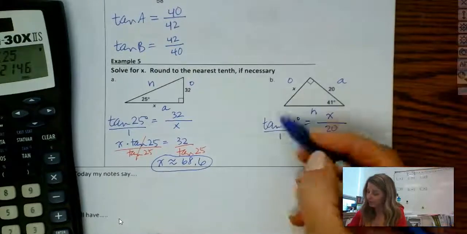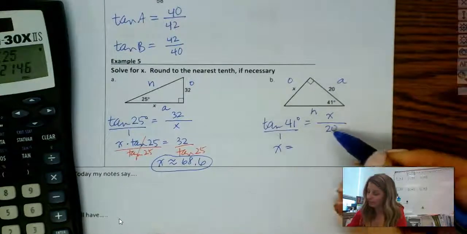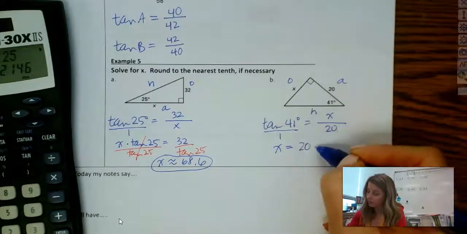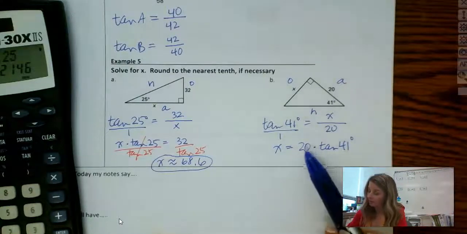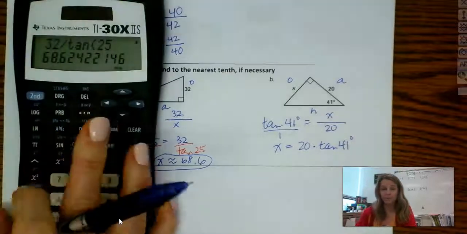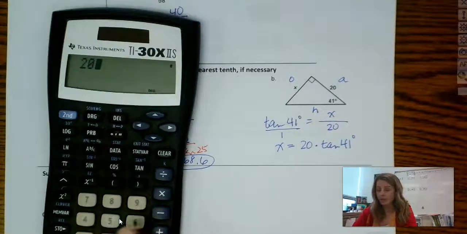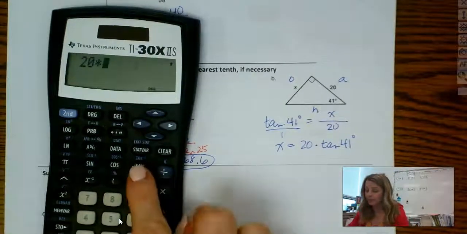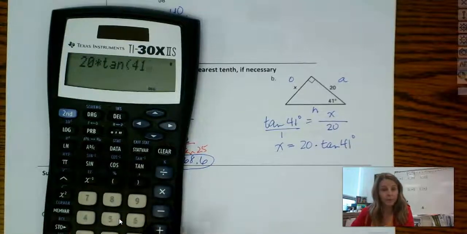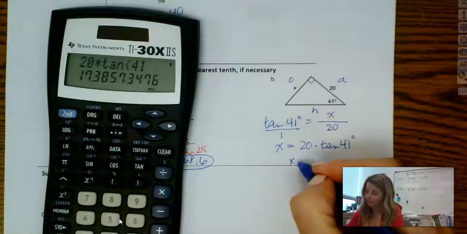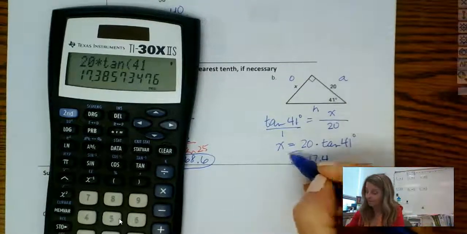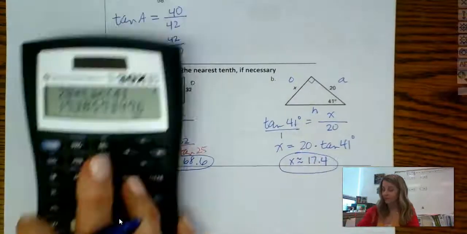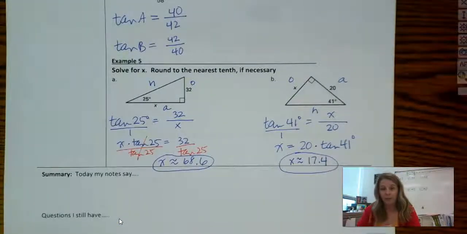So 1 times x is going to be x. 20 times tangent of 41. And then looks like I just need to multiply over here. So 20 times the tangent of 41. So approximately 17.4. Okay, and so those are my side lengths.